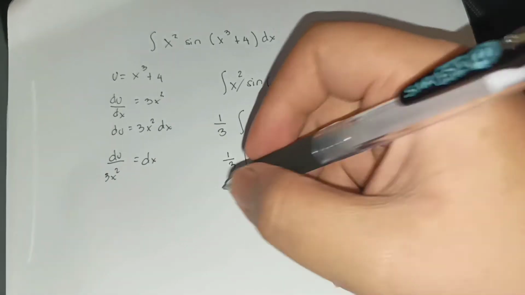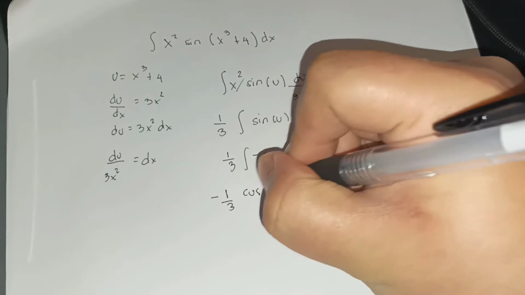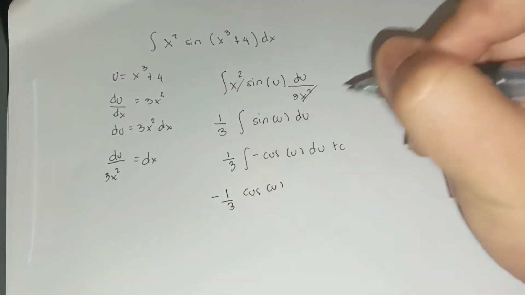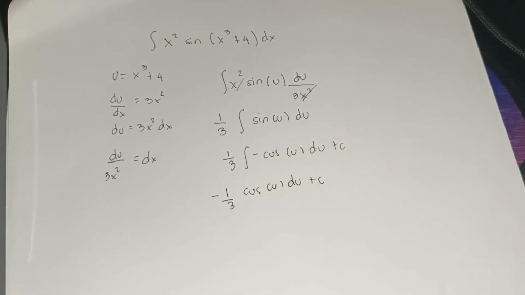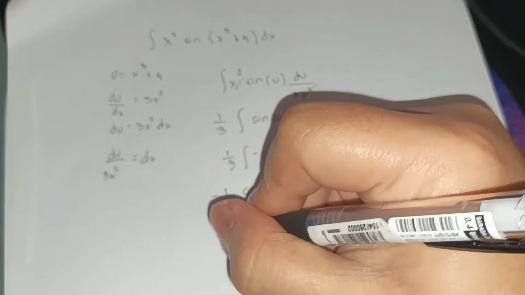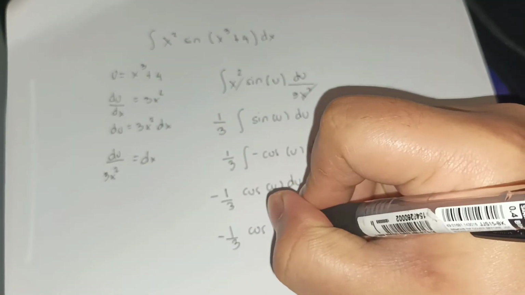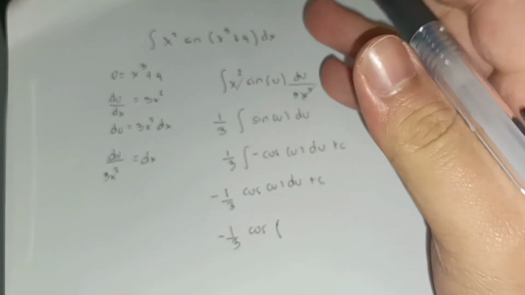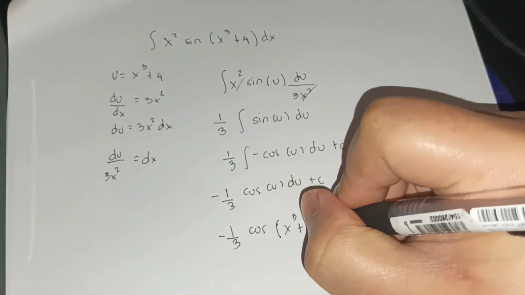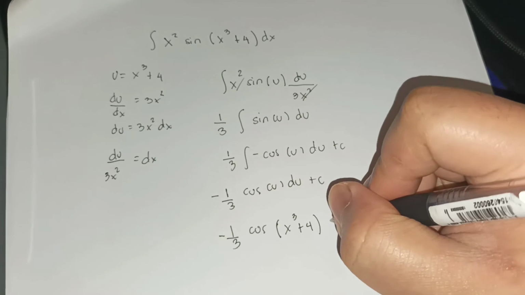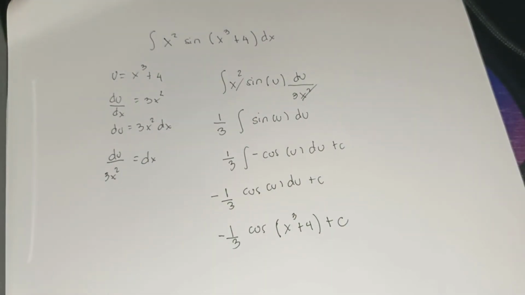It will now come out as negative 1/3 cosine u plus c, and then the final answer will be negative 1/3 cosine of x cubed plus 4 plus c, and there you have the answer.